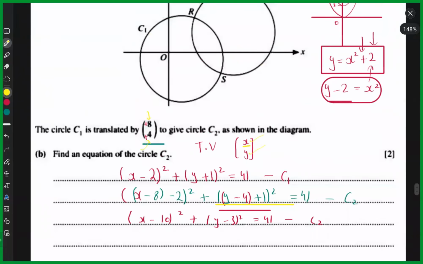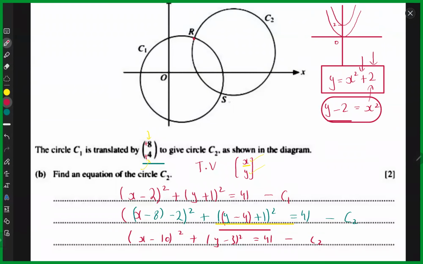This is R and this is S. So we are going to solve the two equations simultaneously. We have the equation for C1, we have the equation for C2. We can find the coordinates for R and S. And once we have the coordinates for R and S, we know how to find the equation for this line. Okay, this would be easy then.